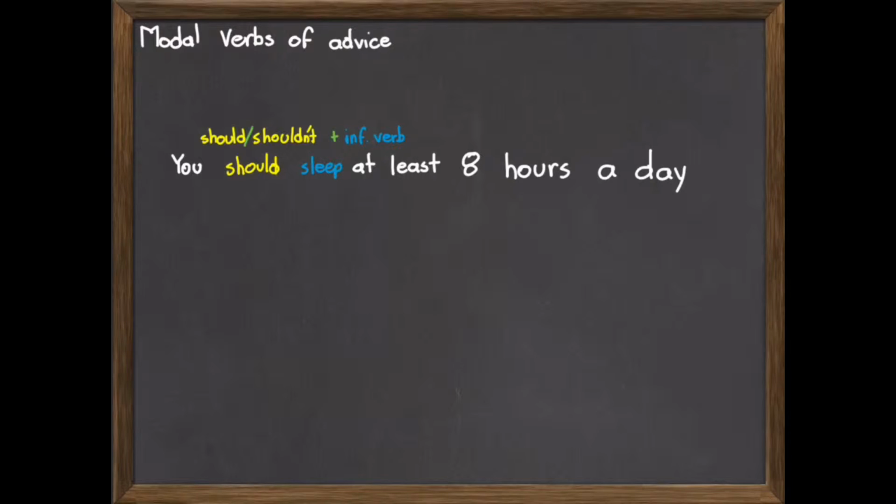Here we're using should and sleep. This is an affirmative sentence, and if you see, sleep is in the infinitive. Now, I mentioned that it's an infinitive without a to because you should to sleep would be wrong.